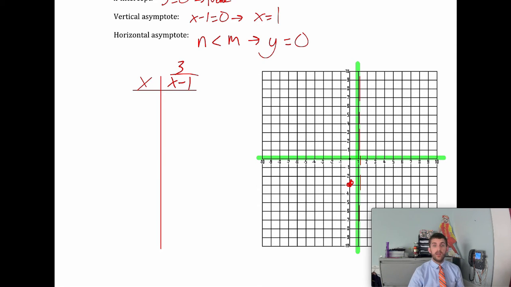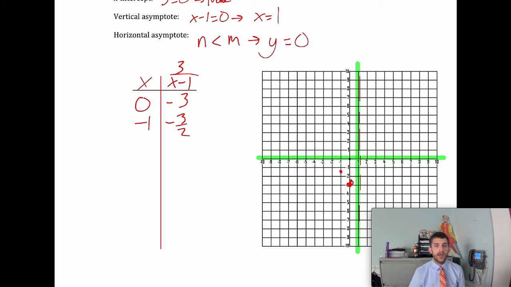Let's start by plugging in 0. We do 3 over 0 minus 1, which gives us negative 3. So we already have that. That was our y-intercept. Let's try negative 1. If we plug in negative 1, we'll have 3 over negative 1 minus 1. That'll be 3 over negative 2, so we have negative 3 over 2. That's negative 1.5, so we're going to say right about there.